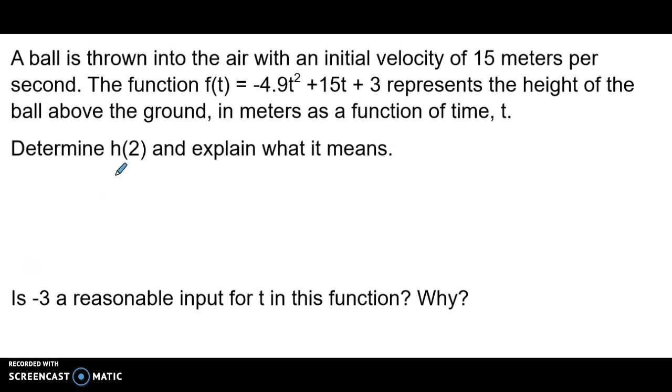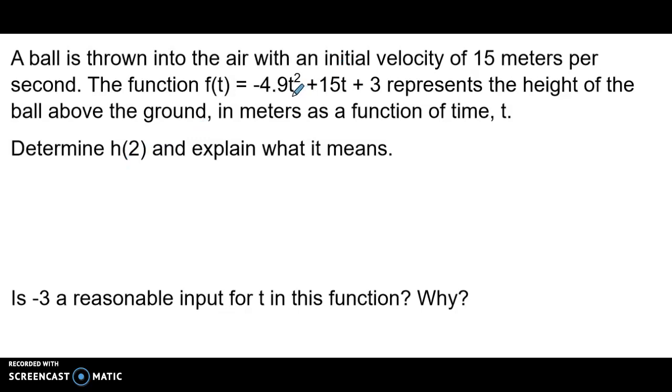So here it is. A ball is thrown into the air with an initial velocity or speed of 15 meters per second. The function f of t equals negative 4.9 t squared plus 15t plus 3 represents the height of the ball above the ground in meters as a function of time t.